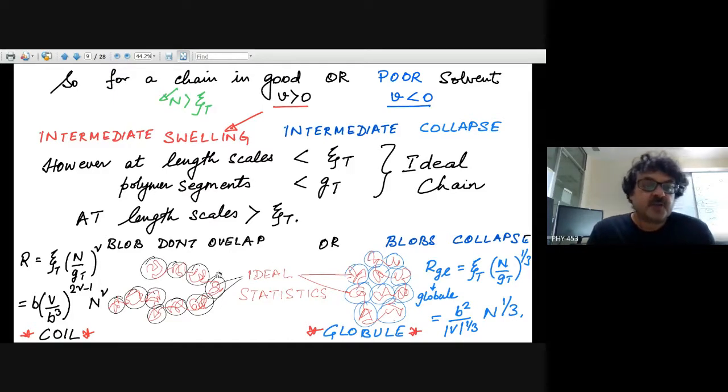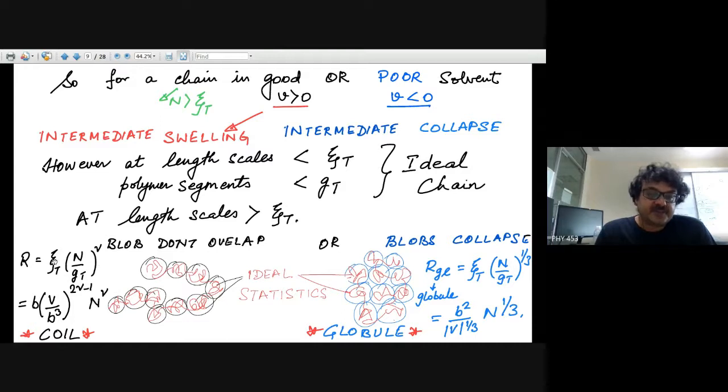So the extent of the chain can be thought of as follows. First, blobs can't overlap because the interaction energy of overlap between blobs is of the order of kBT or more. So blobs don't overlap. The correct extent of the chain can be defined as zeta T times the self-avoiding random walk of blobs, so n by g_T to the power nu. This is the Flory exponent, nu is 3 by 5, right?